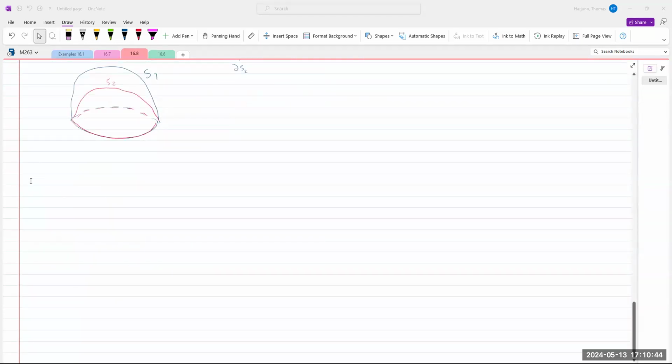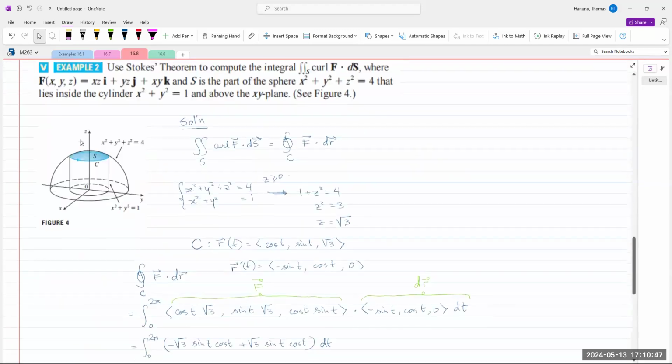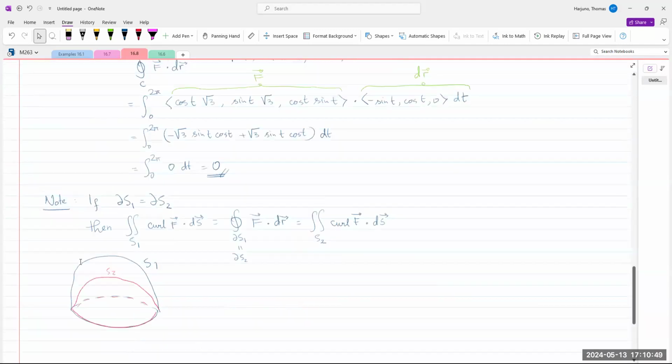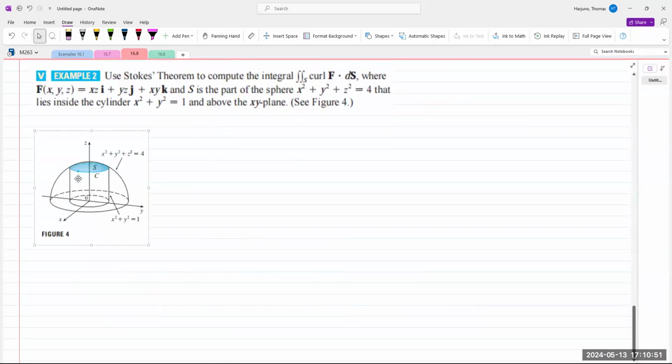If I redo this example 2, notice that surface S, which is the cap, I think I should draw it this way. This is the cap, right? That S shares the same boundary with this. Is it right? Think about it.